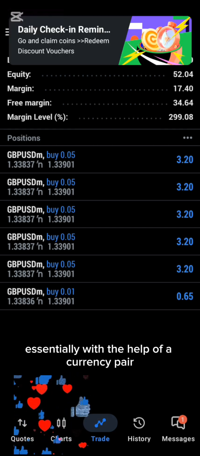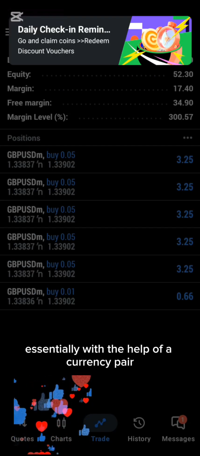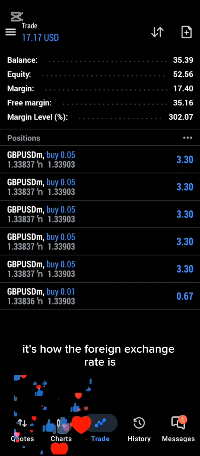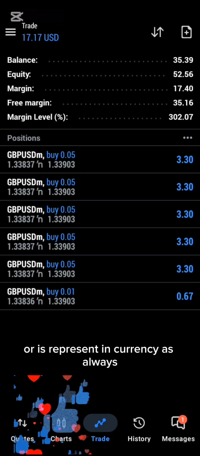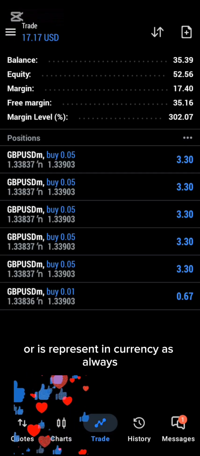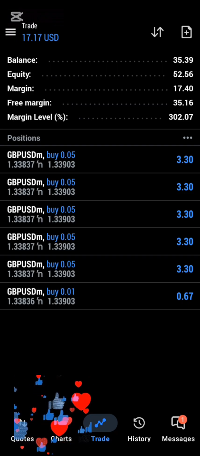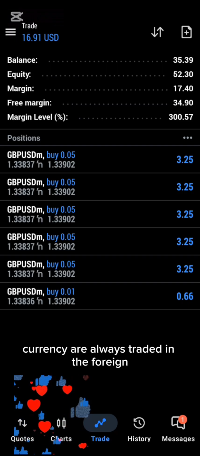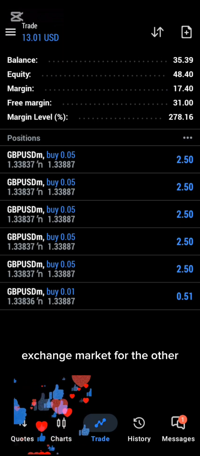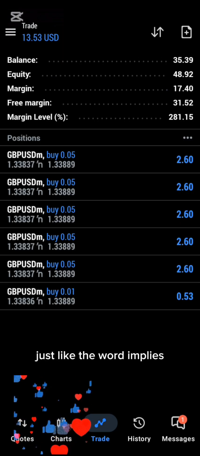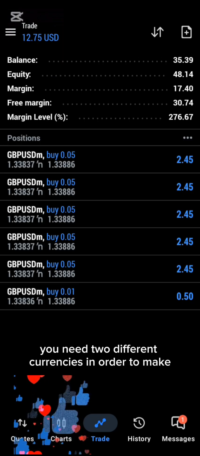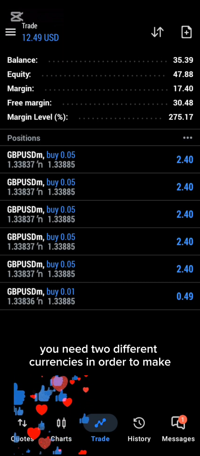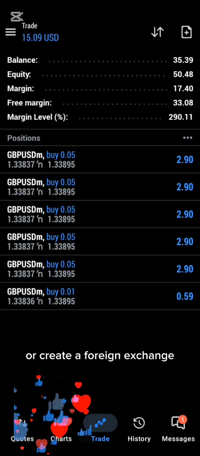So as we were saying, essentially, with the help of a currency pair, it's how the foreign exchange rate is represented in currency. Currencies are always traded in the foreign exchange market for one another, just like the word implies. You need two different currencies in order to create a foreign exchange.